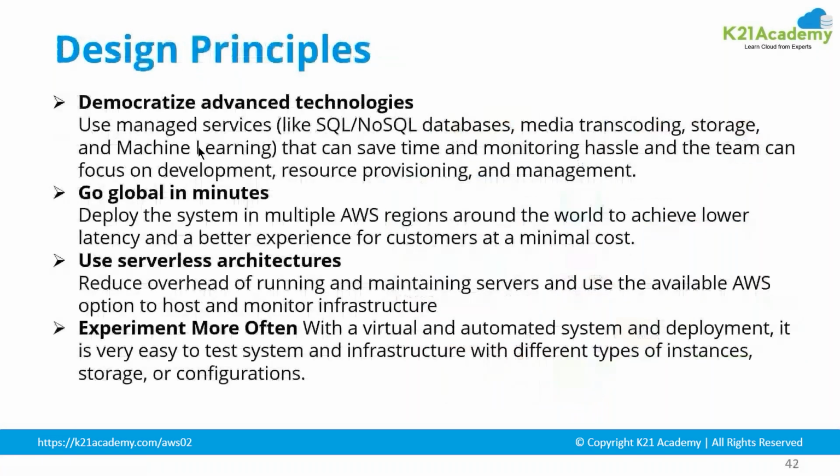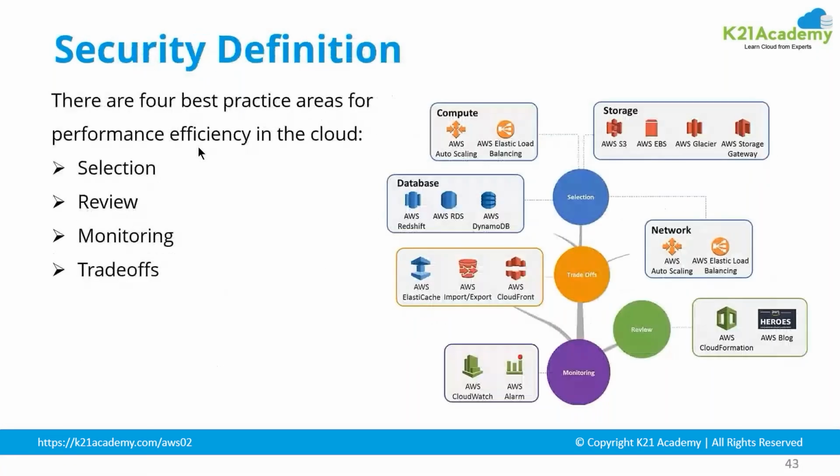your performance pillar says. Over here, if you look at this diagram, for monitoring you can use CloudWatch and alarms. In fact, there are other services like Config and X-Ray as well.